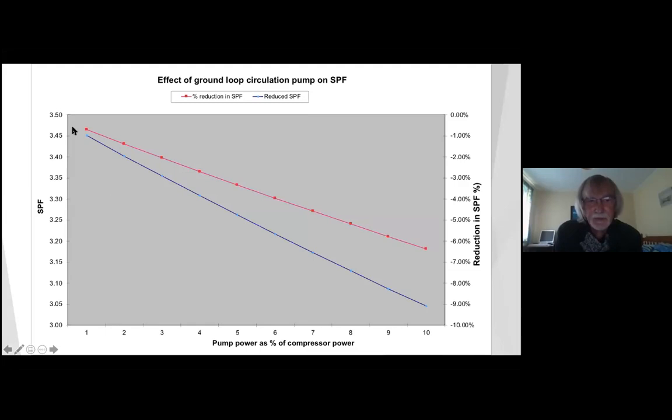So in this case, going from nearly 3.5 COP, if you get up to 10% of compressor power for the pumps, you've pulled that system down to a COP of about 3. So this is what we want to attempt to remedy. You want to be somewhere up here where only a few % of compressor power is being used to circulate the ground loop.